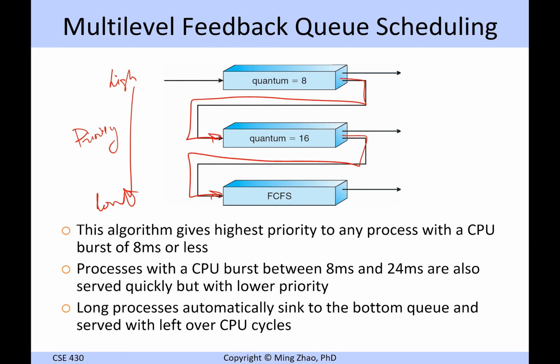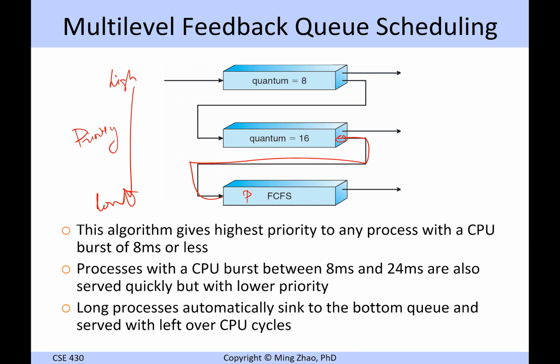You see how the queues are connected. We can also have connections the other way to implement aging, which is not shown in this example. A process sitting in the first come first serve queue that has waited long enough can be moved to a higher priority queue.